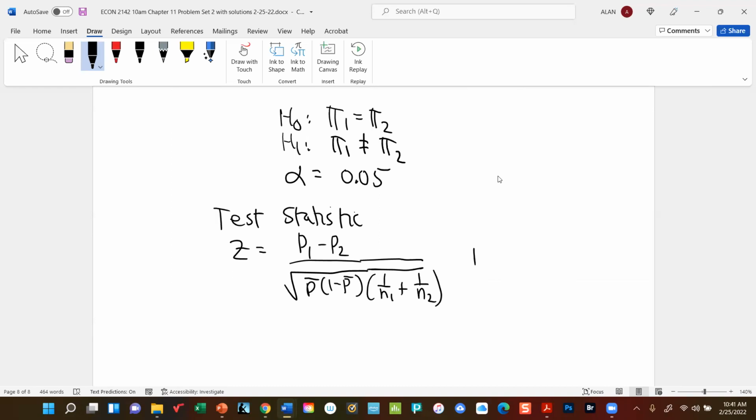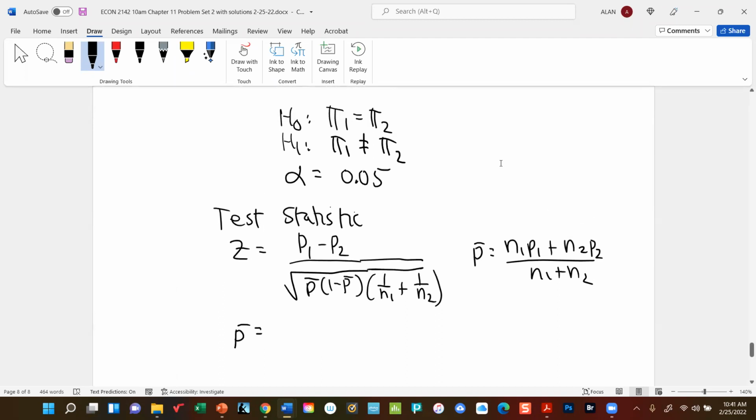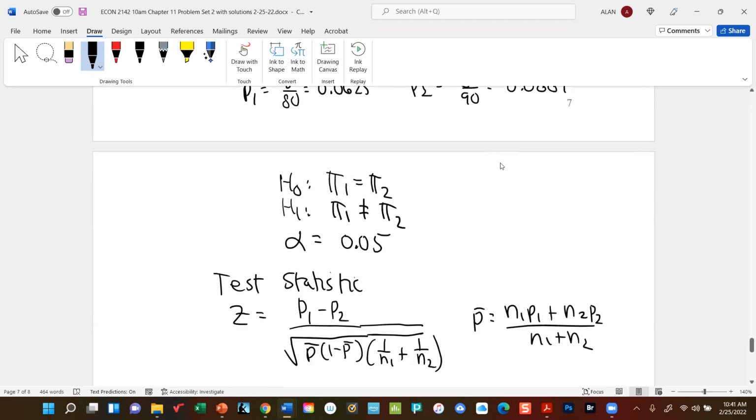And then that P bar stands for this. It's a weighted average of the two proportions. So of course we have to do that first before we can plug it into the test statistic. All right, so P bar would therefore equal, we need it from up here.